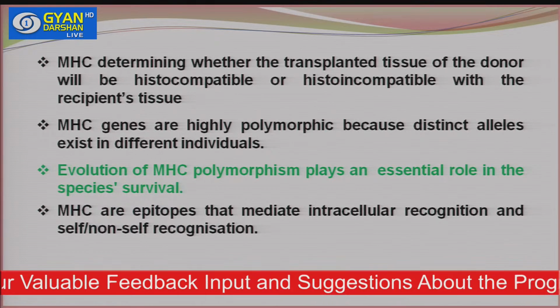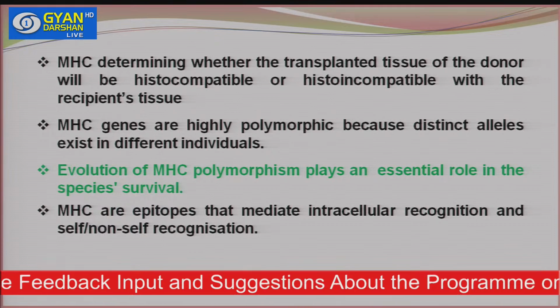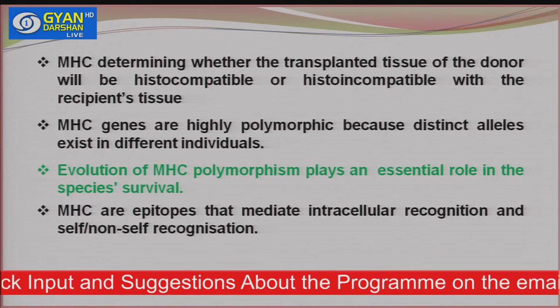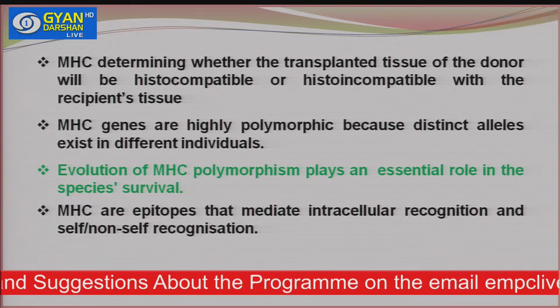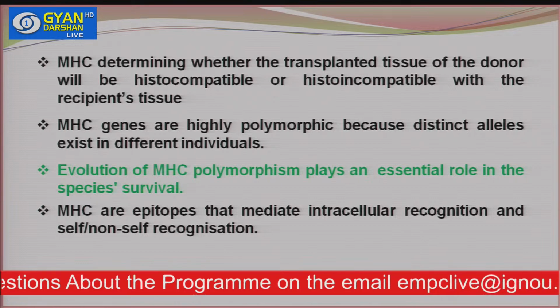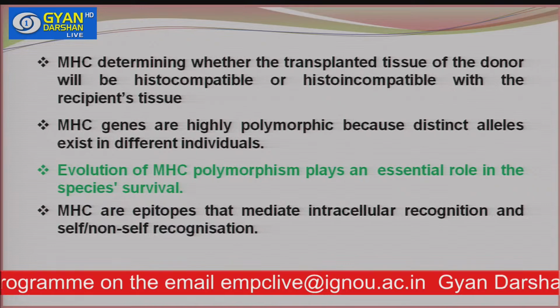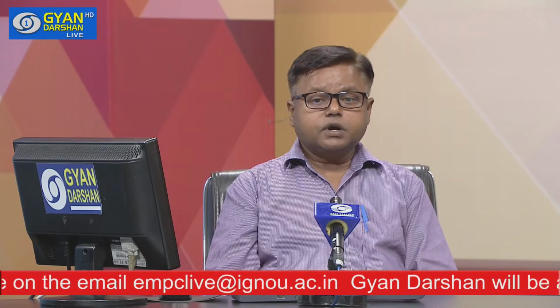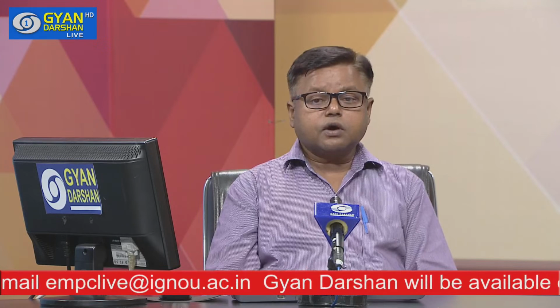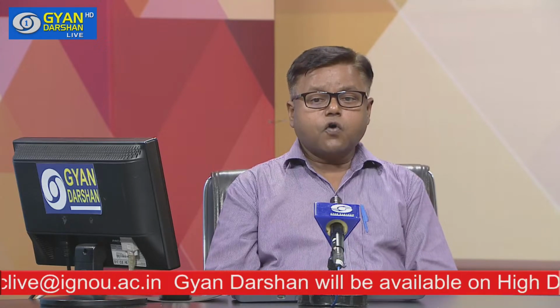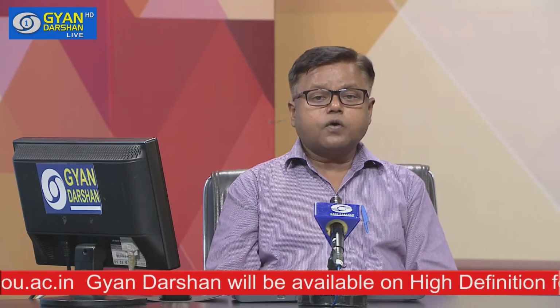MHC molecules are epitopes that mediate intercellular recognition, the recognition of self and non-self. These are very important molecules present on nucleated cells. They play a role in the rejection of the graft. They are involved in the immune response.